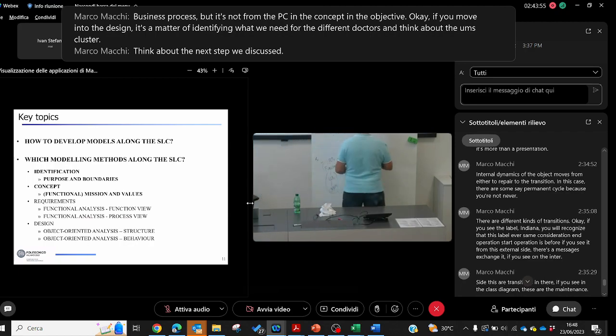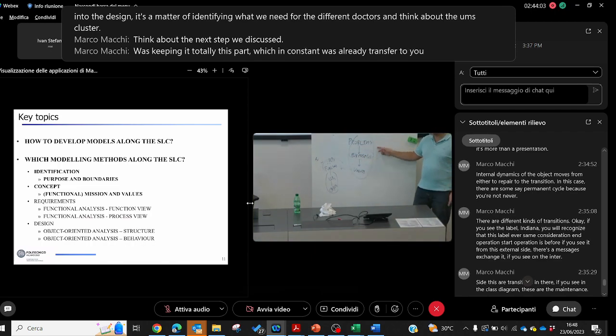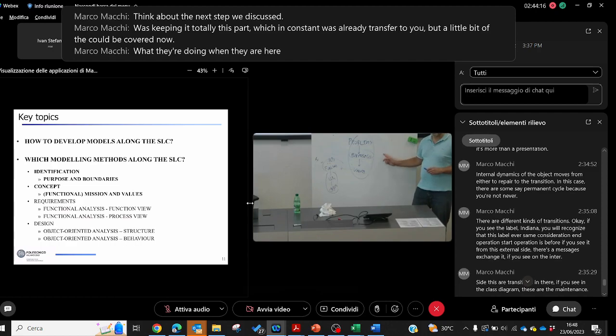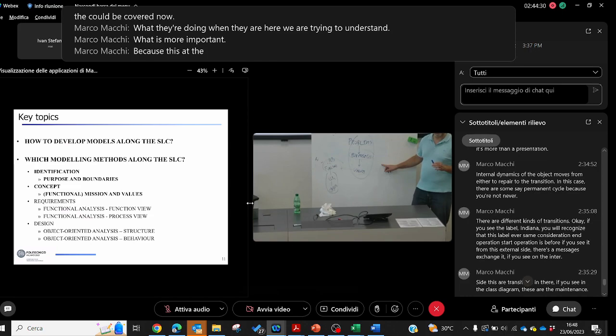But I was skipping totally this part, which in concept was already transferred to you, but the method could be covered now in this very quick one. What you're doing when you're here is trying to understand what is more important for the stakeholders, because these at the end are driving the whole engineering.